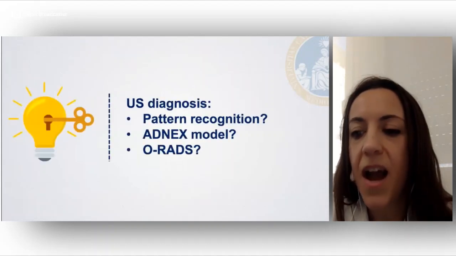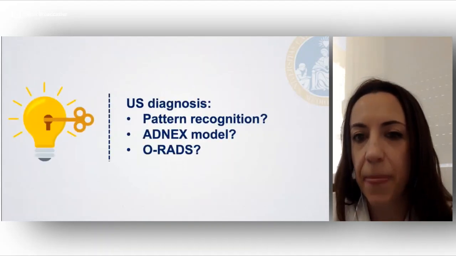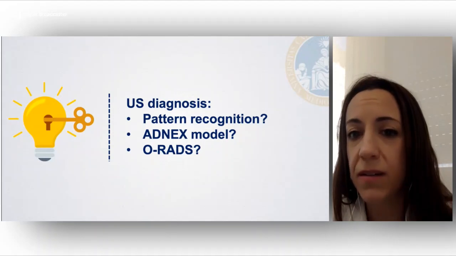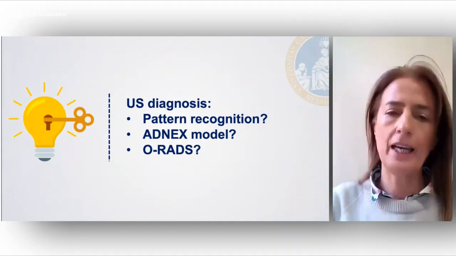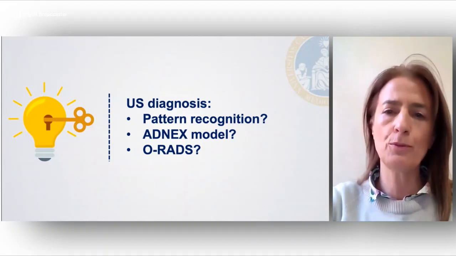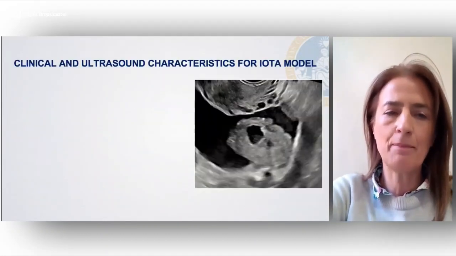Now, how to make the diagnosis? I agree with Antonia. First of all, pattern recognition, but we can use the ADNEX model and O-RADS. Okay, let's move on to the 2 models before discussing the pattern recognition.